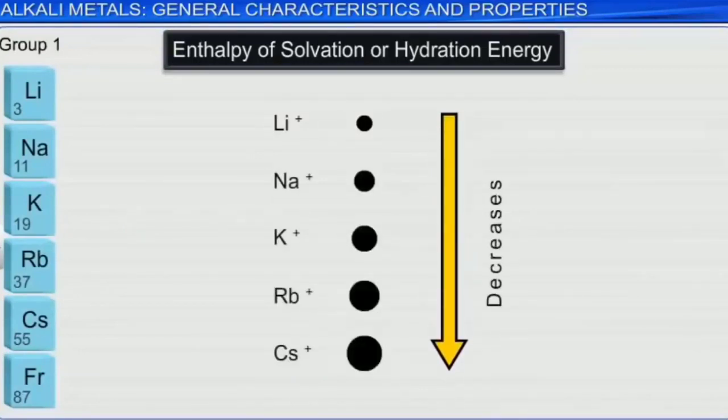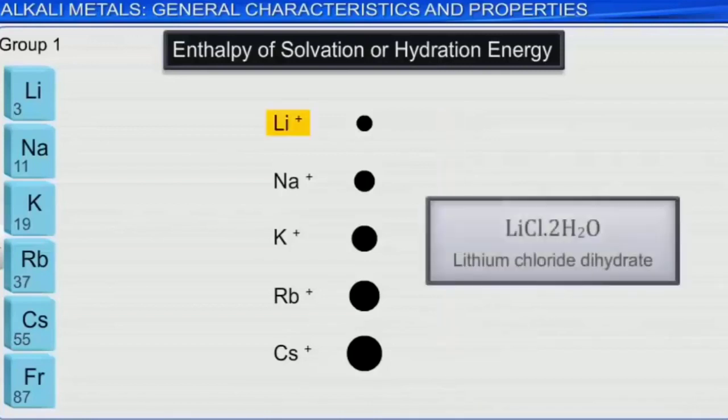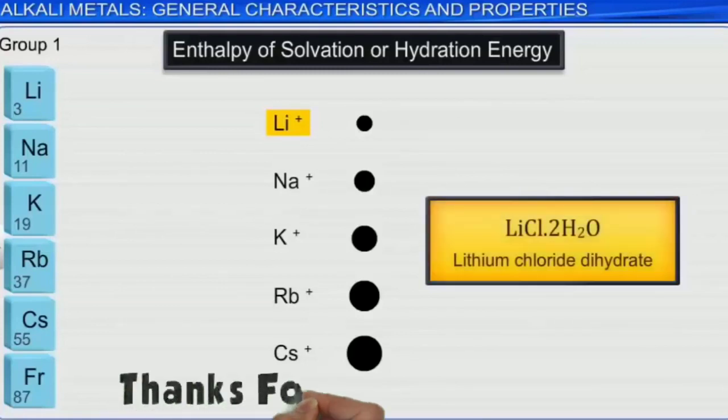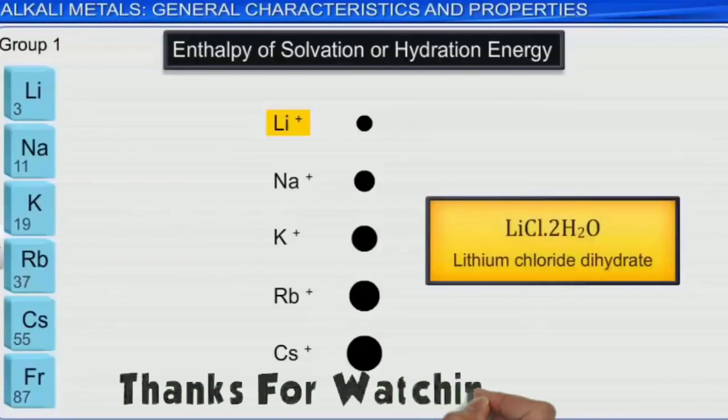As we know, from lithium to cesium, the atomic size increases, so the hydration enthalpy value decreases. One of the examples for that is, among the alkali metals, only lithium salts are hydrated salts.